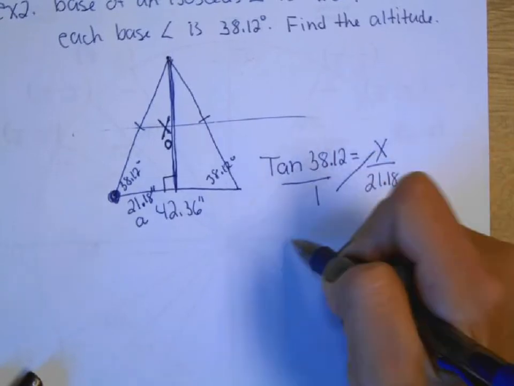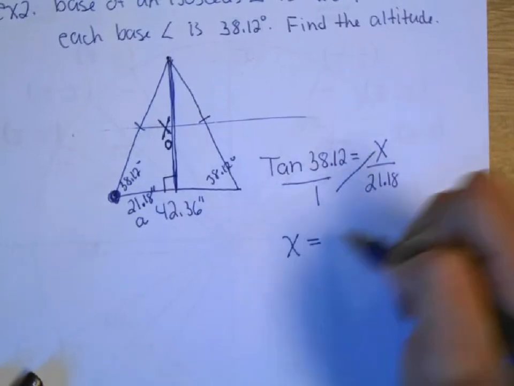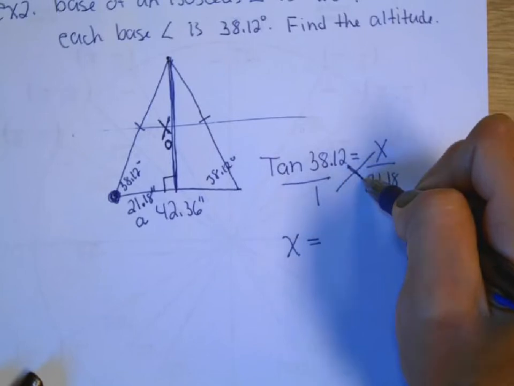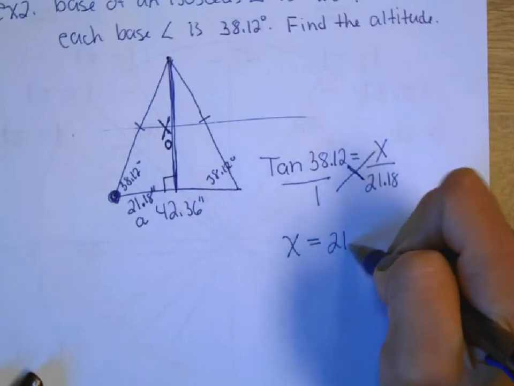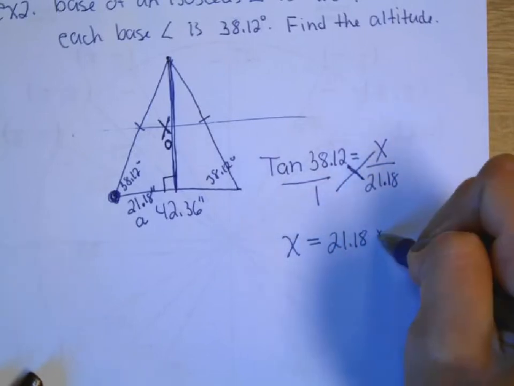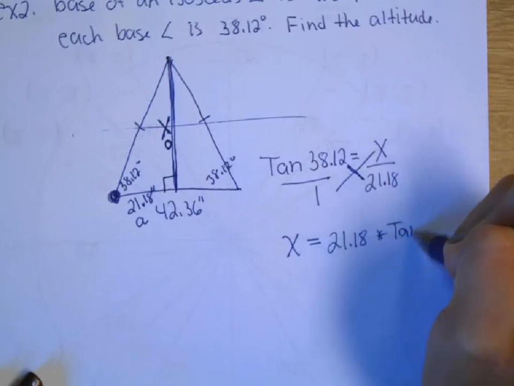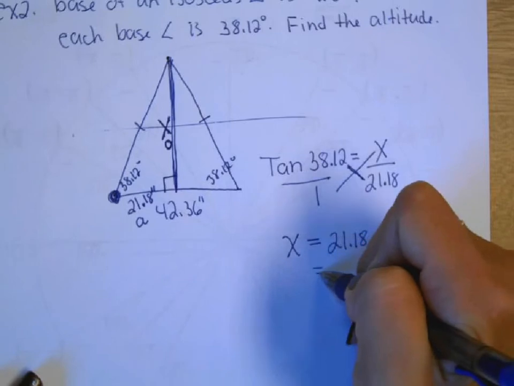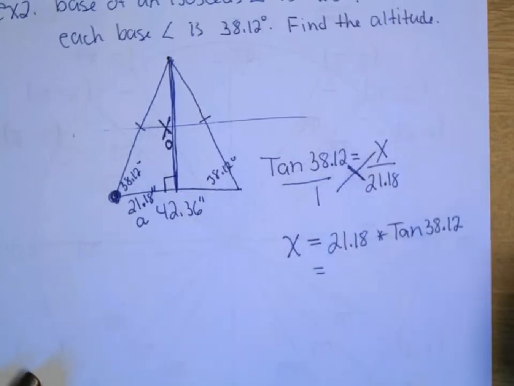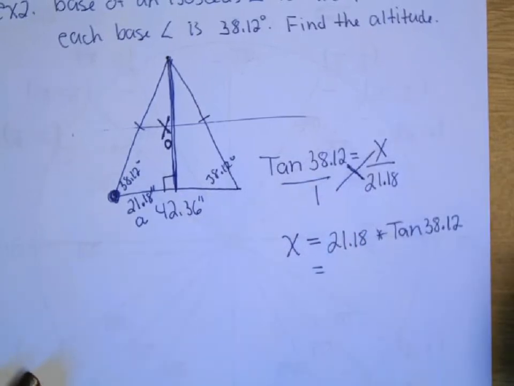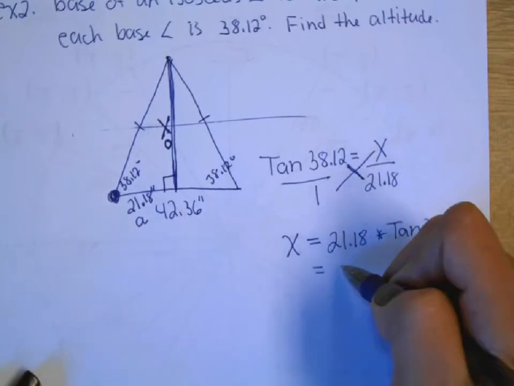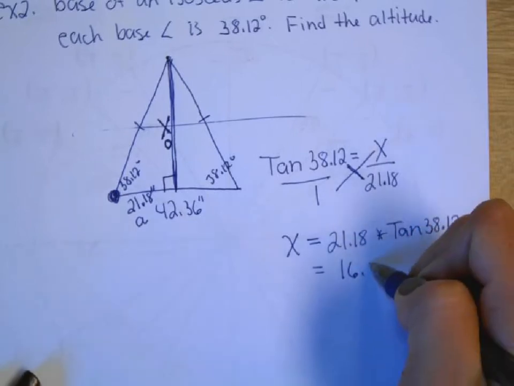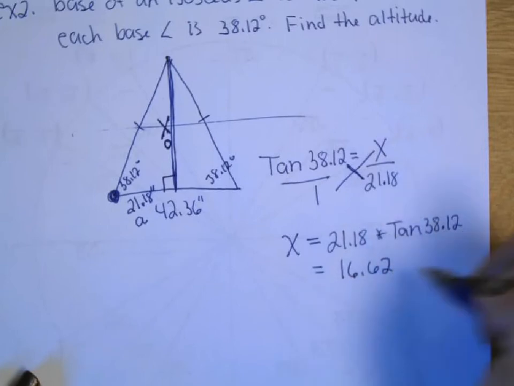X gets multiplied by 1, and then those two get multiplied. We're looking at 4 sig figs. 16.62. So it was actually a very short triangle, if Matt's right.